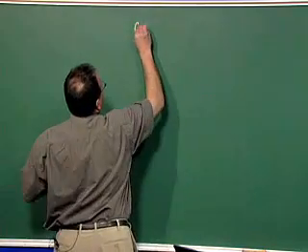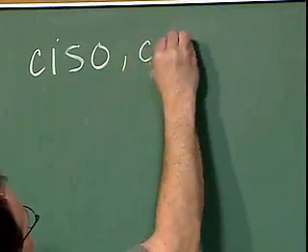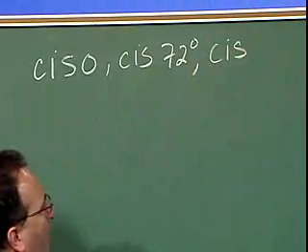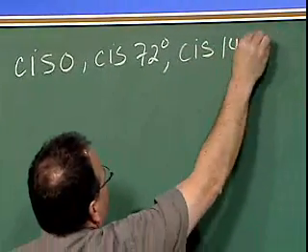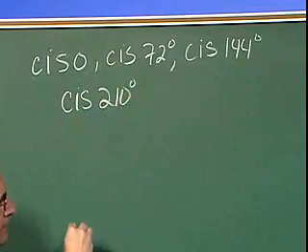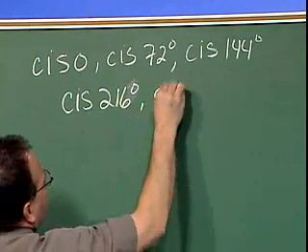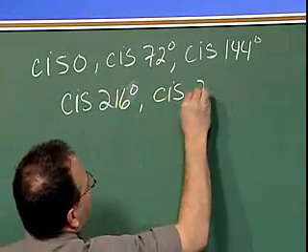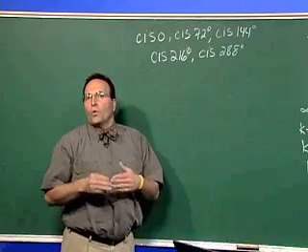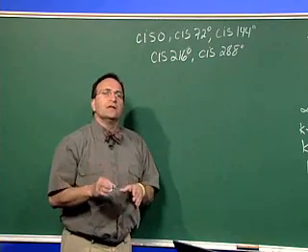We would just write cis of 0, cis of 72, cis of 144, cis of 216, and cis of 288 degrees. We were asked not to put them in rectangular form this time, but to graph them.